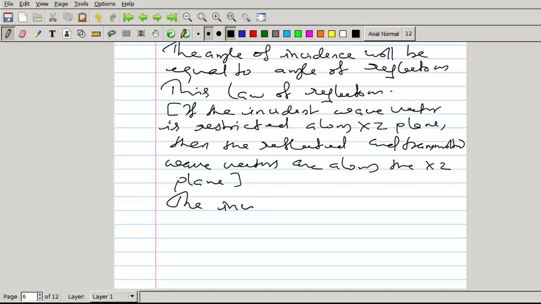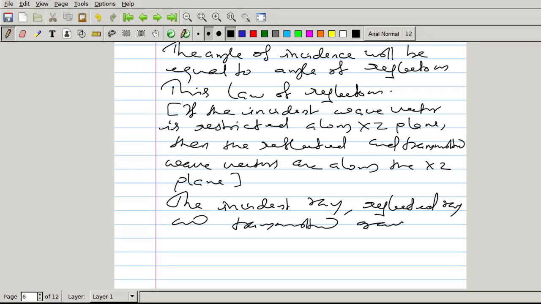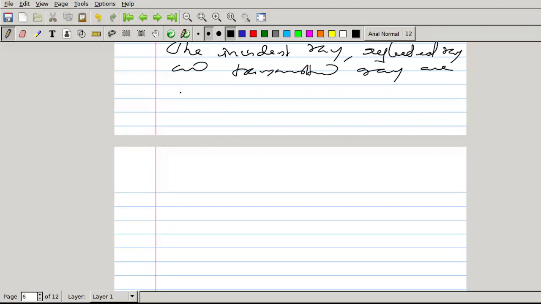The incident ray, reflected ray, and transmitted ray are along the same plane.